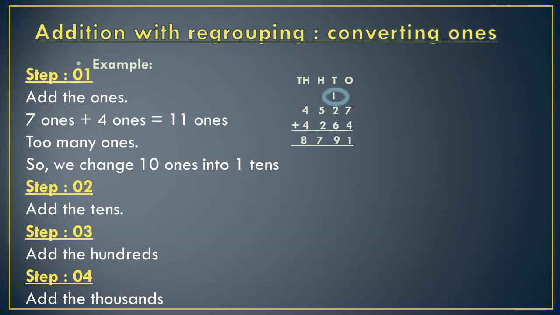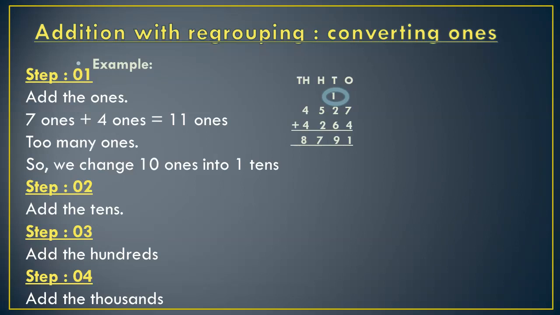So step number 1 is add the ones. 7 plus 4 is equal to 11 ones. We cannot write 11 here. One moves to carry over to the next neighbor. There are too many ones, so we change 10 ones into 1 ten.